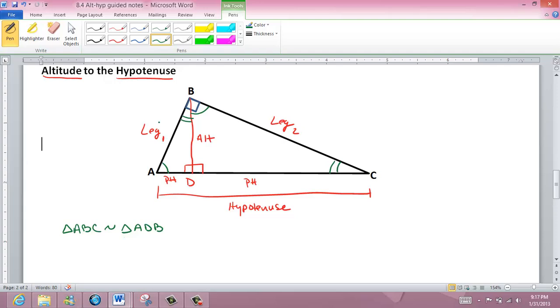Now, in the original triangle, we had angle A was 1 arc, angle B was a 90-degree angle, and angle C had the double arcs. Now, in triangle ADB, angle A has 1 arc. You notice how those match up, but the D corresponds to B because B was a right angle.